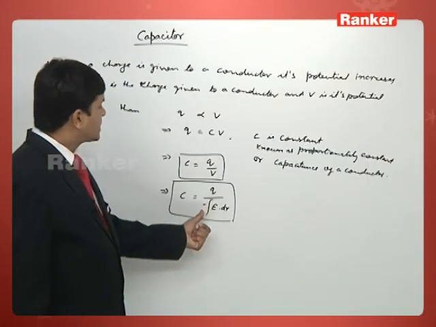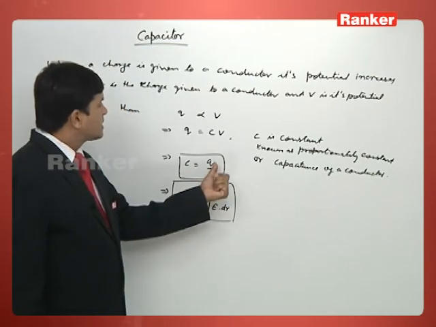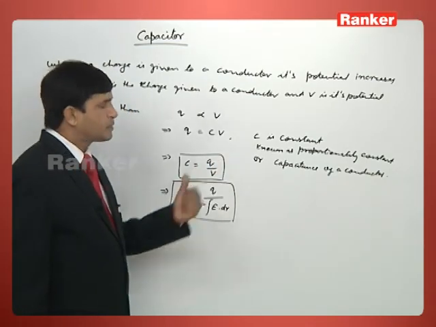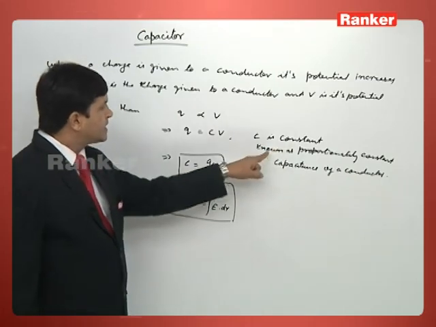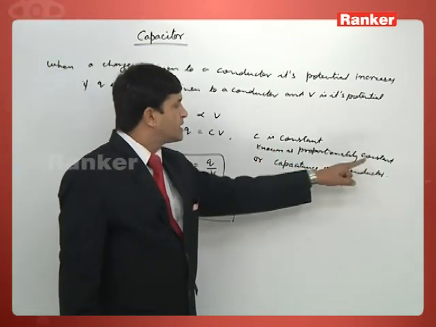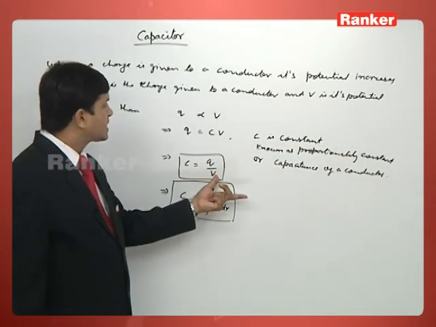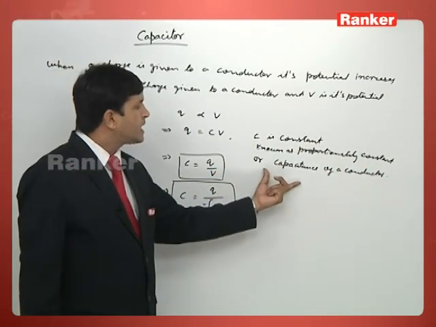From this expression, we cannot say the capacitance depends on charge and potential. Actually, capacitance is, as written here, a proportionality constant. It means the ratio of charge to potential gives you the capacitance.